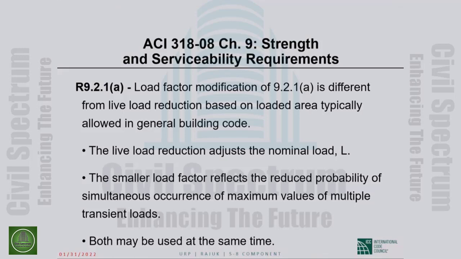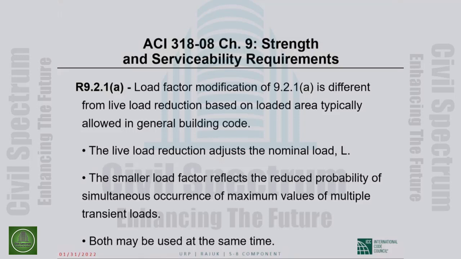So that's live load reduction. The smaller load factor reflects the reduced probability of simultaneous occurrence of maximum values of multiple transient loads. Okay, so peak live load, peak dead load, and peak of everything will not be simultaneously occurring. This is why we take 0.5 on the live load.